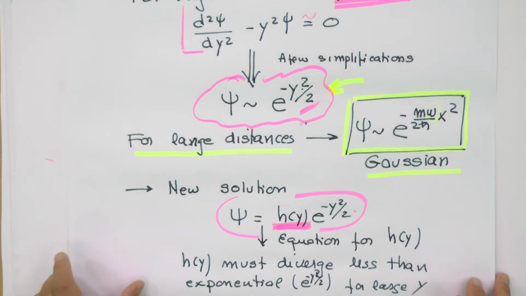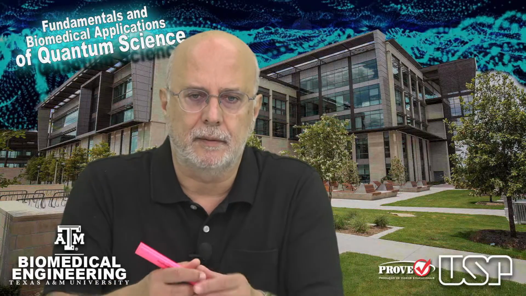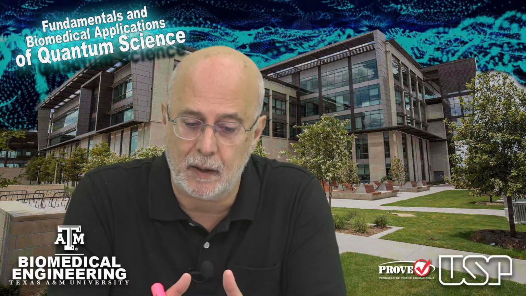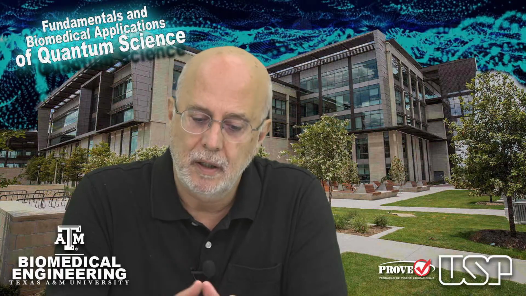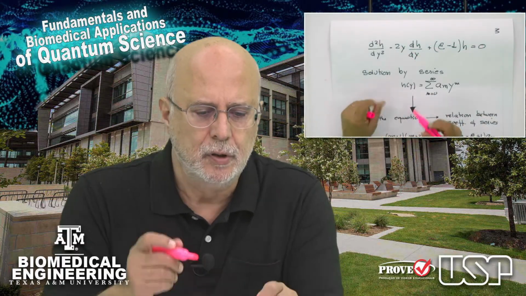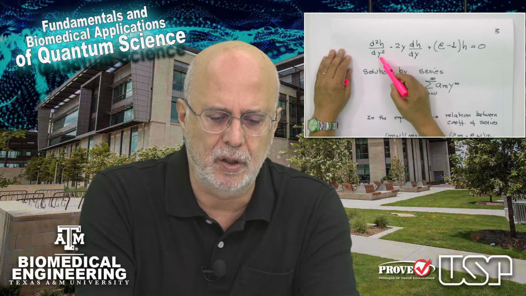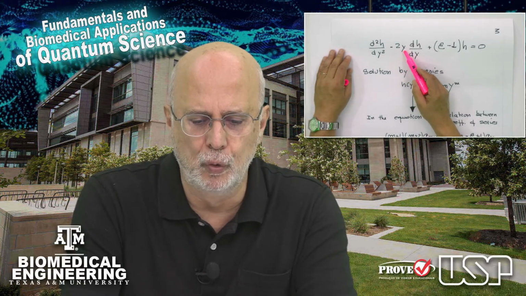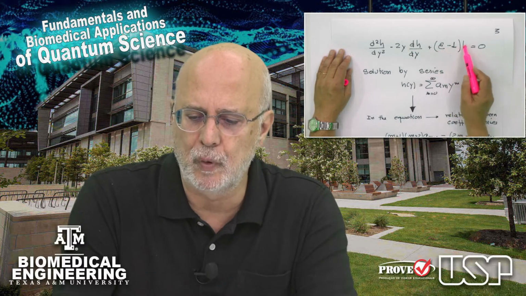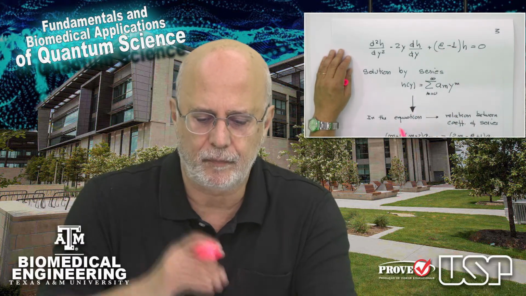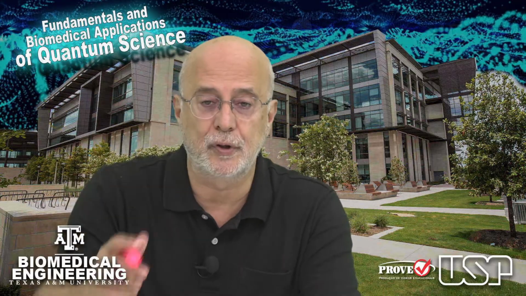So making this substitution, we get a new equation. Now we get an equation for h in terms of y, of course. So d2h dy2 minus 2y dh dy plus epsilon minus 1 h is equal to 0. And now we have to solve this equation.